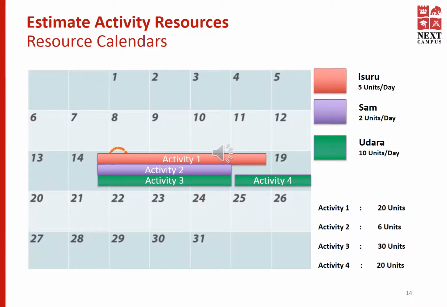Talking about activity 3, that is 30 units of work. What is the capacity that Udara can handle for a day? That is 10 units. So if Udara works on activity 3, he needs 3 days to complete it. In the same way, when Udara works on activity 4, he needs just 2 days to complete the activity.